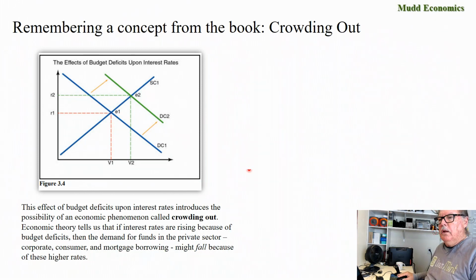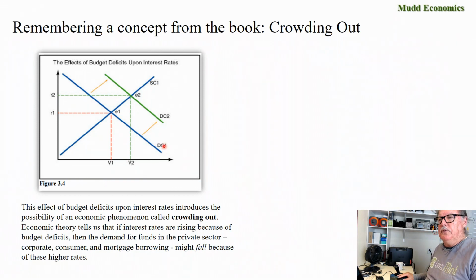Now, first of all, let's assume for the moment that this demand for funds line right here, which is actually being called the demand for credit line in the book, which is actually a better term, is entirely the investment line only, because let's assume we're not running a budget deficit at DC1. So this blue line at equilibrium E1 actually represents investment solo, because let's assume the budget deficit is 0.